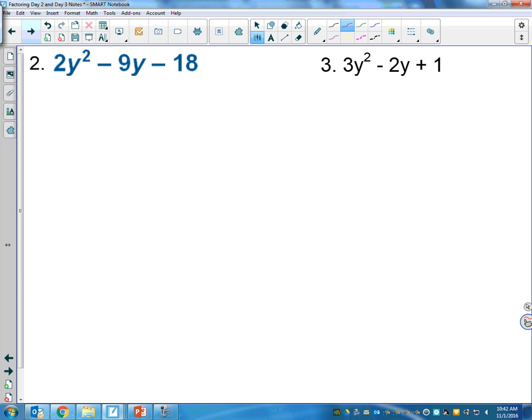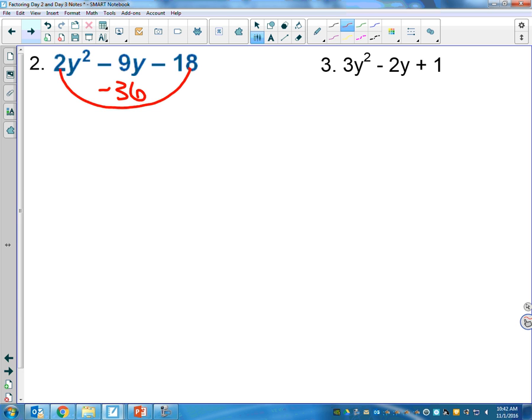So, if you turn the page over, I only have 2 more problems. I'll do the first step, but then I want you to see if you can come up with the 2 numbers. I don't have a lot of room up here, so I'm going to make an upside down rainbow here. The first step is to multiply those 2 together. Sign matters here. So it's 2 times negative 18, which is negative 36.